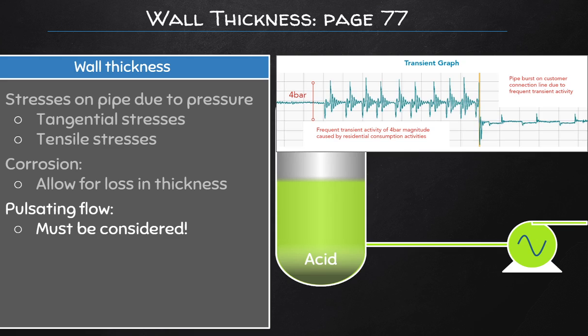So the following graph shows you a realistic case scenario that was being measured, where a pipeline eventually ruptured due to a continuous pulsation in flow caused by a fluid mover. The range of transient pressure, the unsteady change of pressure, varies within a 4-bar range, which is quite substantial.